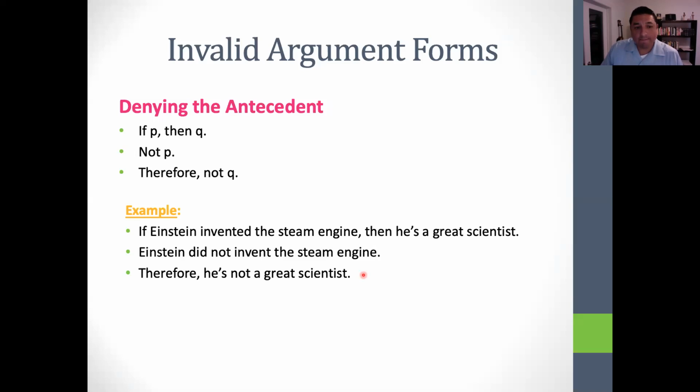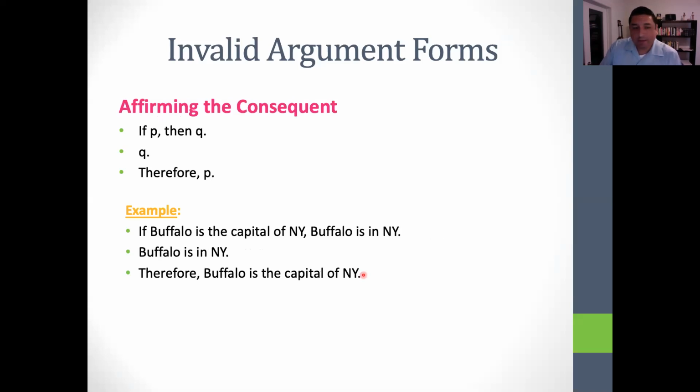Okay, so affirming the consequent. This is the last one here. This is where you have a conditional as one premise, and then you have the consequent as the second premise. It's an affirmation of the consequent. Okay, and so then you go on to conclude an affirmation of the antecedent.